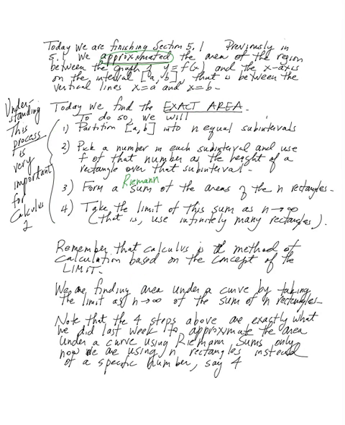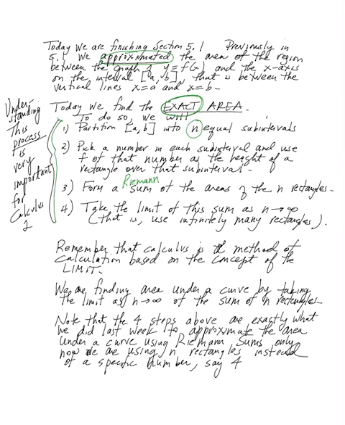Well, today we're going to finish section 5.1, and we're going to find not the approximate area, we're going to find the exact area. And the process will be the same process we used before, only we're using n subintervals, not 4 or 6 or 8 or a specific number, and we're doing an extra step.